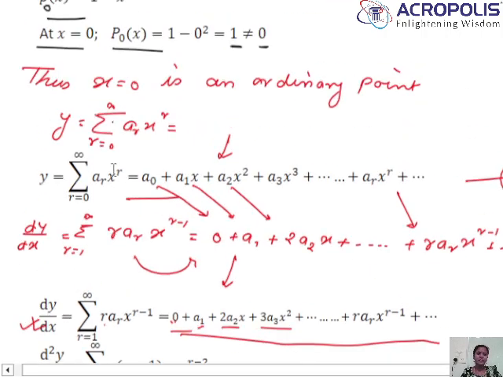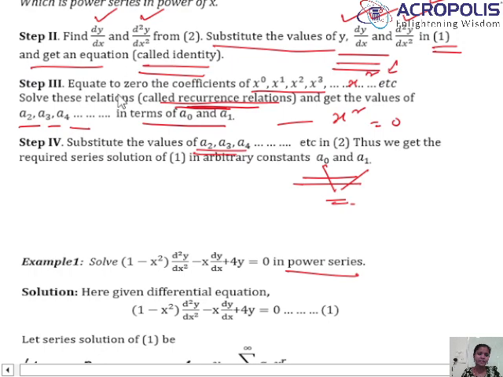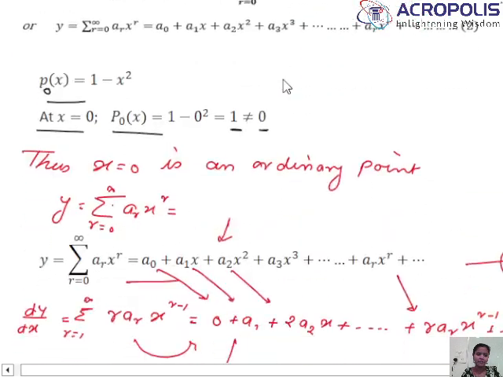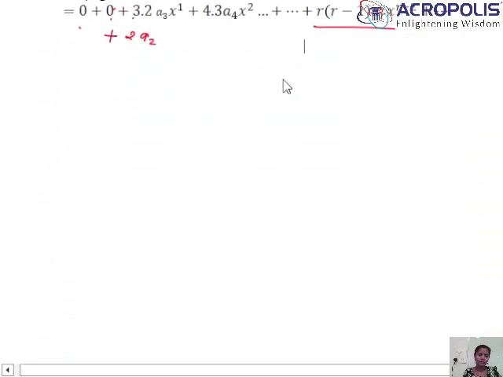Now step number 3 says that we will substitute these values in equation number 1. What was equation number 1?